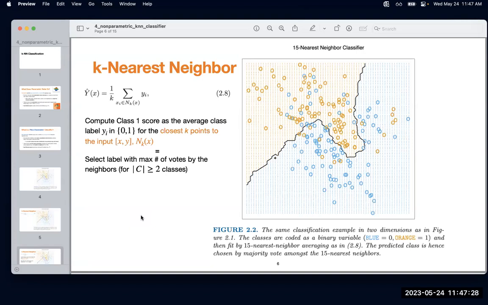So this idea of majority voting is precisely what the equation that we have visited is doing. The counter example to the previous example that I gave is if the majority of samples that I have is of class 0.